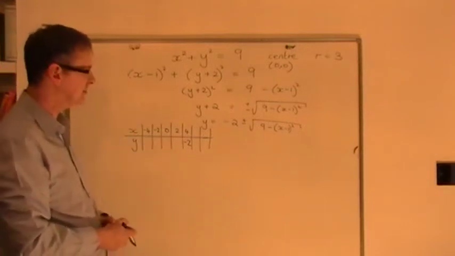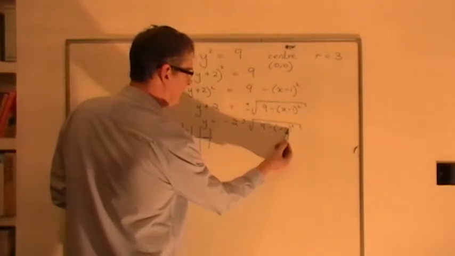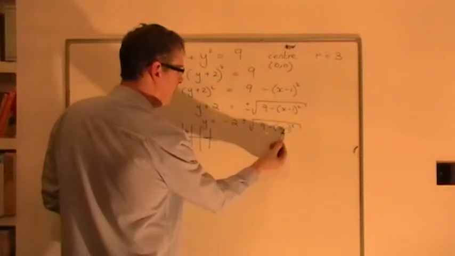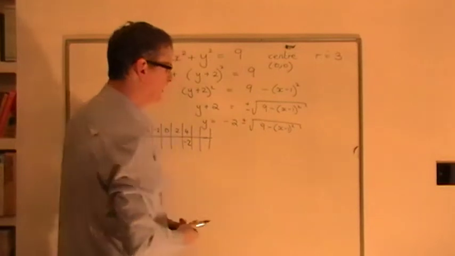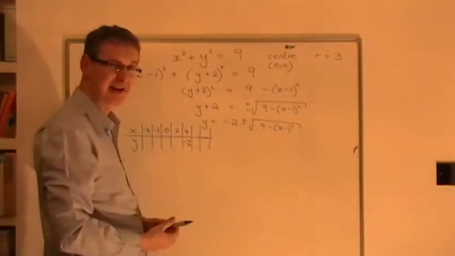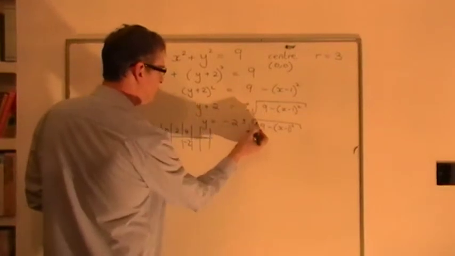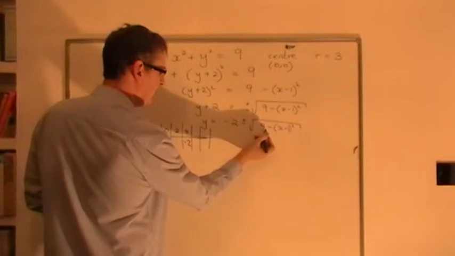If x equals 2, 2 take away 1, that's 1. Square it, that's 1. 9 take 1 is 8. The square root of 8 is about 2.8. So you're going to get minus 2 plus 2.8, minus 2 minus 2.8.